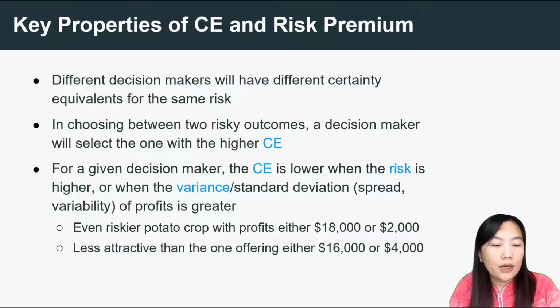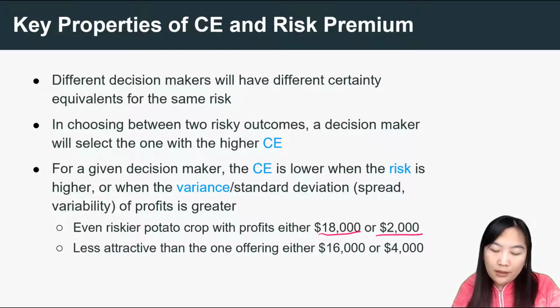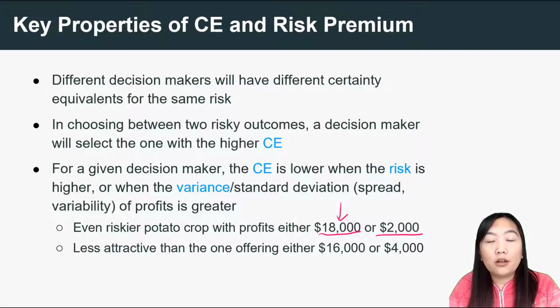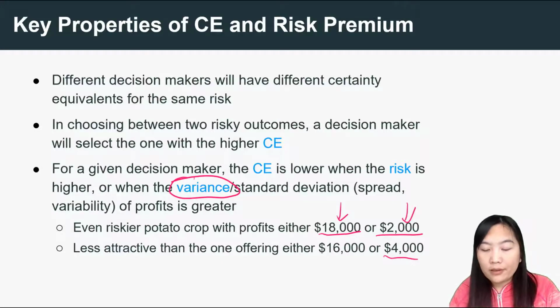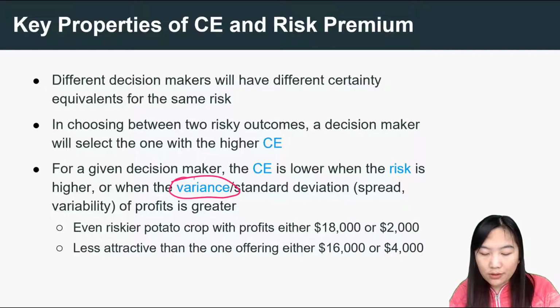Imagine that we have a third crop, which is potato. Potato again has a half and half chance. However, the profit under good weather is larger than the profit of canola under good weather, and the profit under bad weather is less than that of canola. So here potato has a larger variance or larger standard deviation. You can verify this. Try to calculate the variance or the standard deviation for potato.